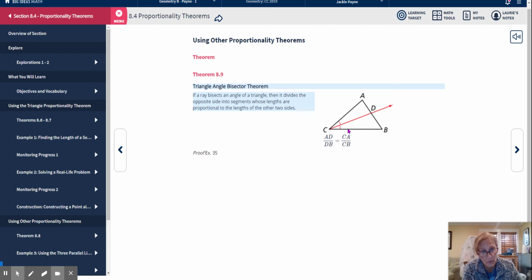So if you have this situation, then you can write AD over DB, that ratio, is equal to AC over BC. And so you can write that proportion, and again, solve it. There's an example 35 in your book.